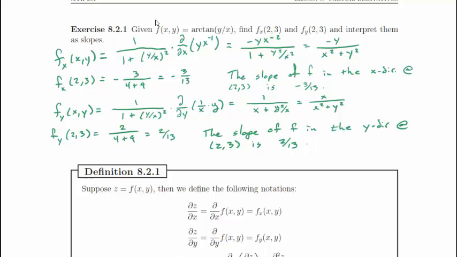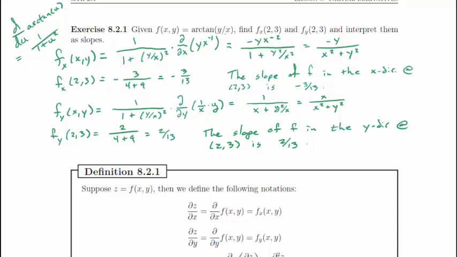So the first thing that we need to note is just remembering that the derivative with respect to u of the arctangent of u equals 1 over 1 plus u squared. So if I have the arctangent of y over x, I'm going to have to use chain rule here because we have an inside function.